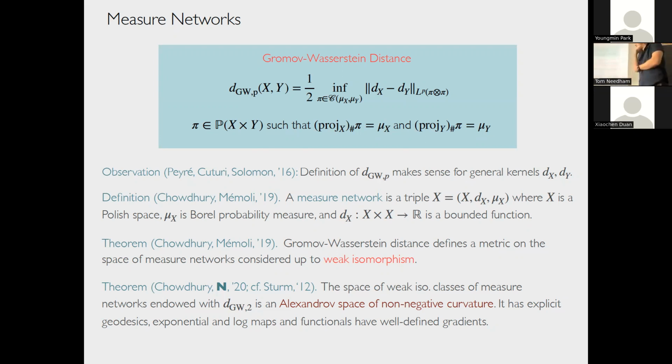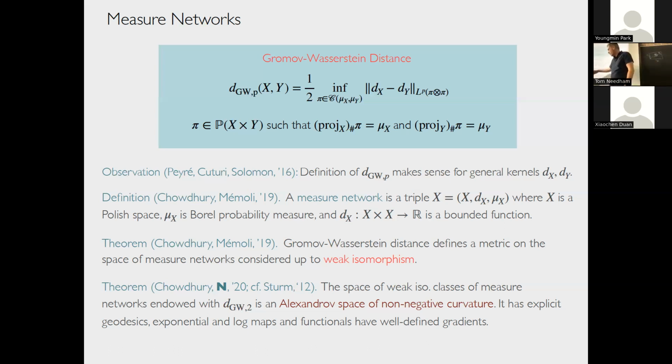The point is that these are nice metric spaces in the sense that they look like Riemannian manifolds. So there are notions of tangent spaces, inner products on those tangent spaces, geodesics, exponential and log maps, gradients, everything that's good about a Riemannian manifold. There's some slightly weaker notion of that in metric spaces that look like this.